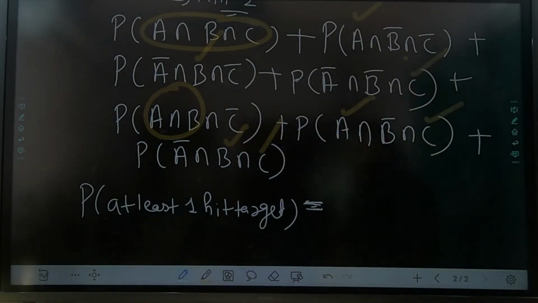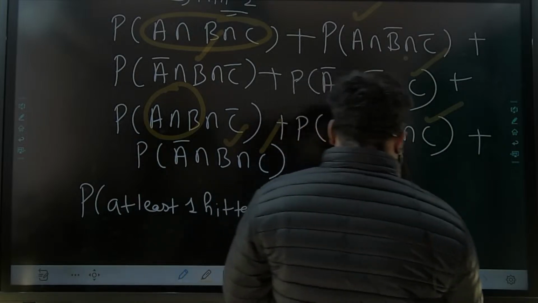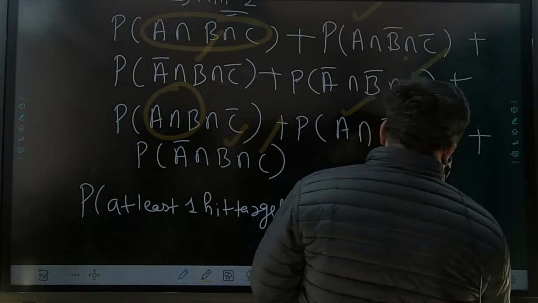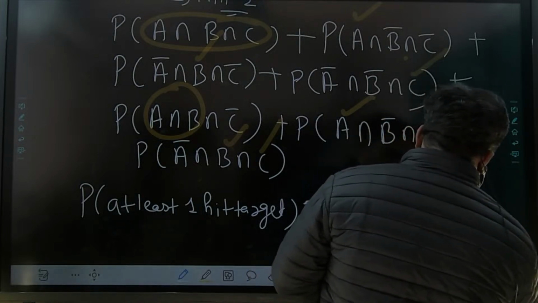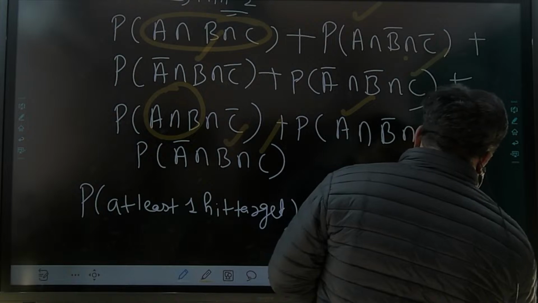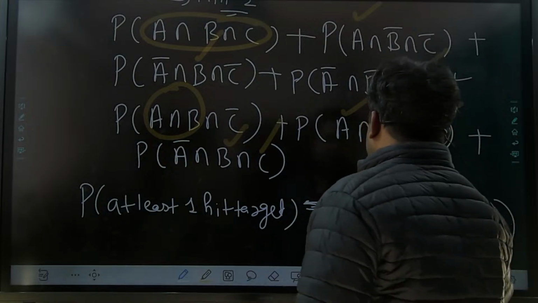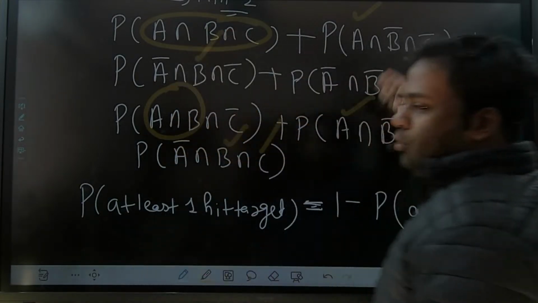It means I can say 1 minus probability of no one hitting the target. Right? All three miss the target. We'll just find the probability of all 3 missing the target and subtract it from 1. So 1 minus probability of all 3 missing the target, which definitely comes in these 7 cases only.